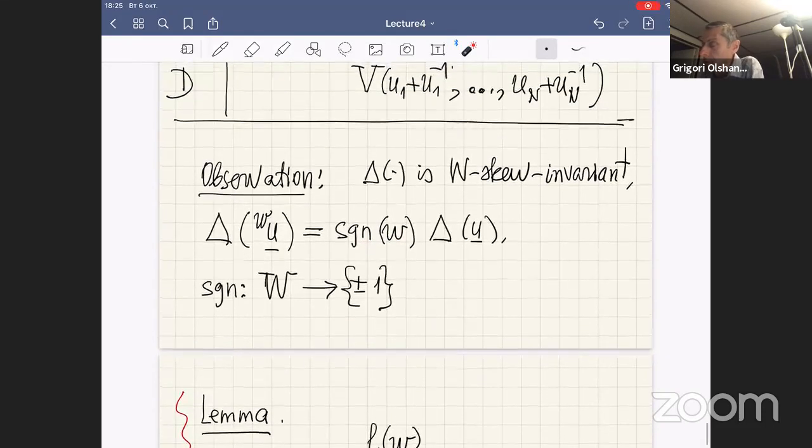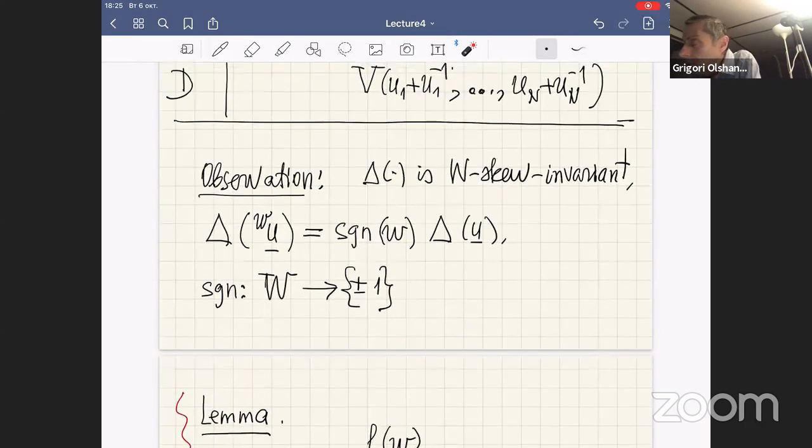So the sign character is as follows. I recall that the Weyl group in the C and B case is a semi-direct product.